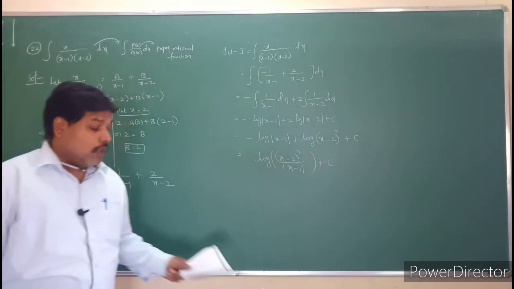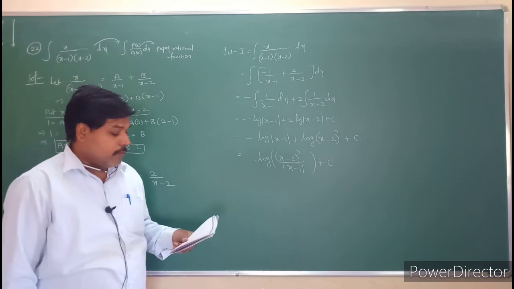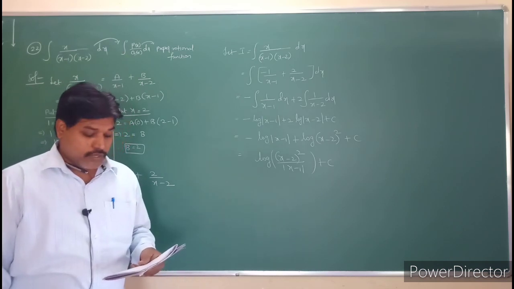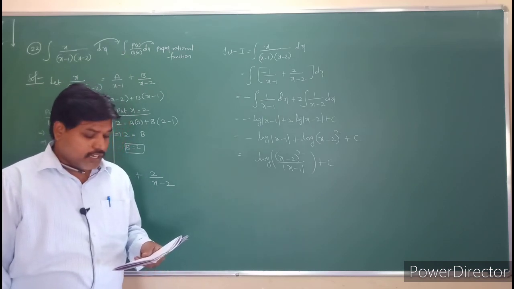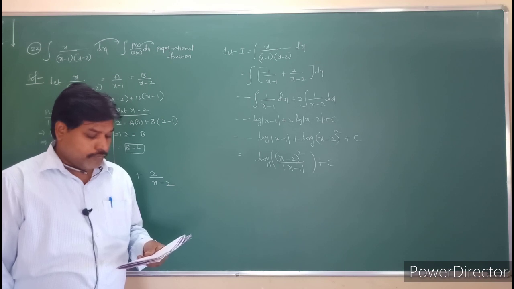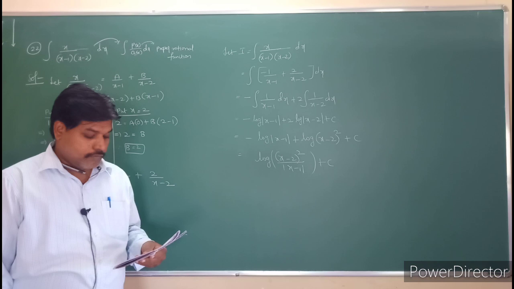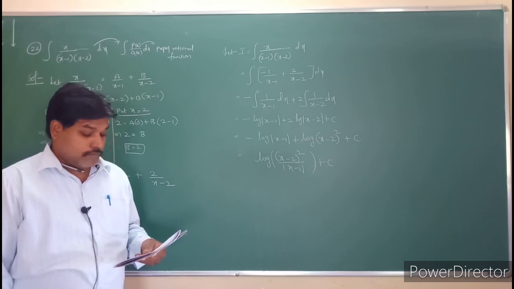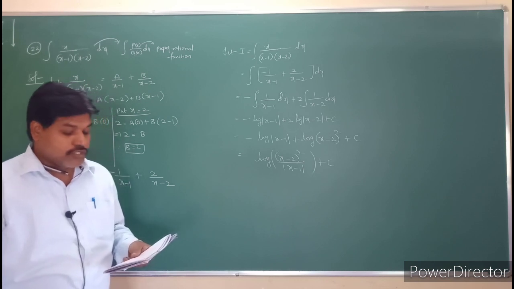Log of x minus 2 whole square by mod x minus 1. So the option is B.